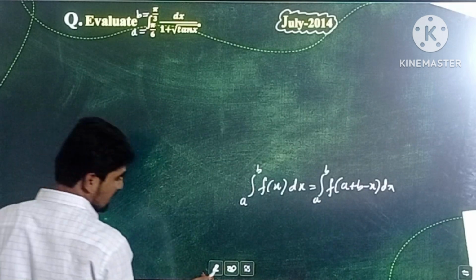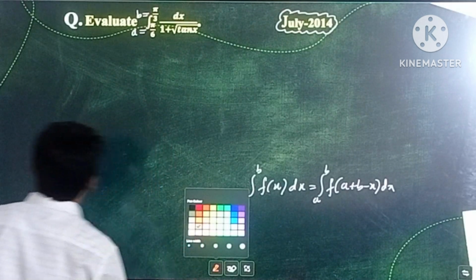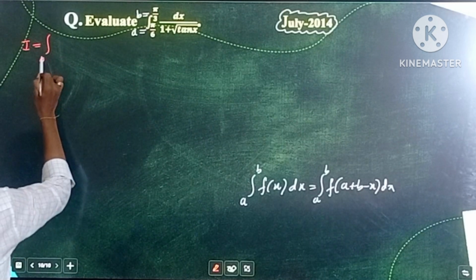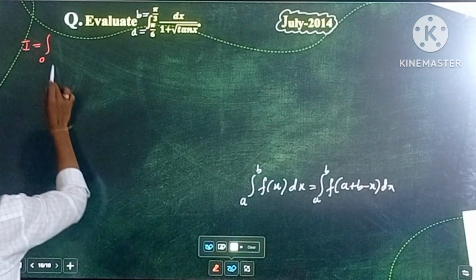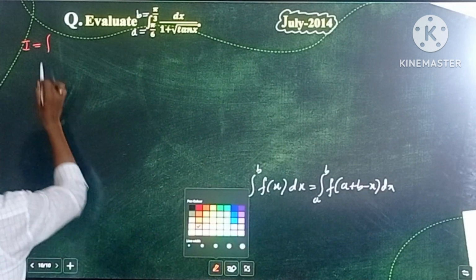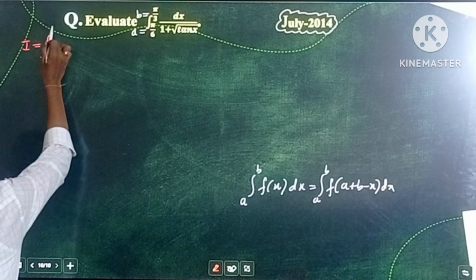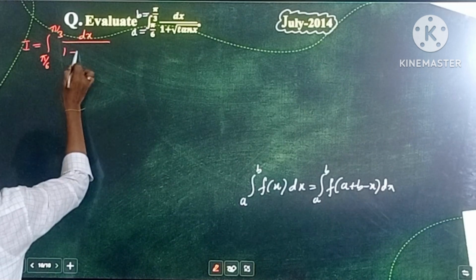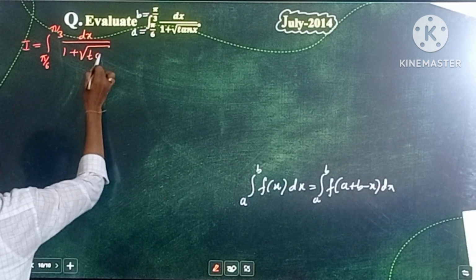So let us consider the given integration problem as I, where I is equal to integration from pi by 6 to pi by 3 dx divided by 1 plus square root of tan x.